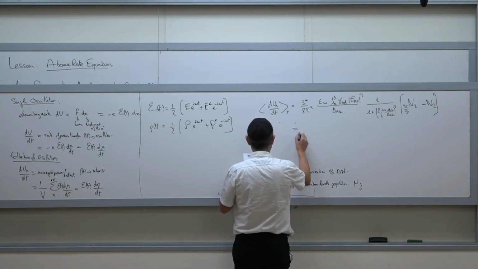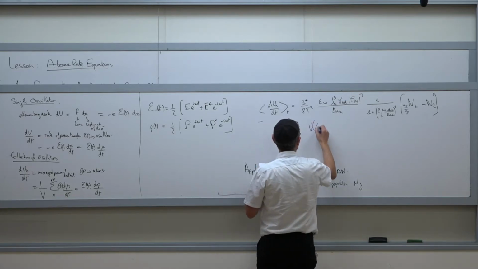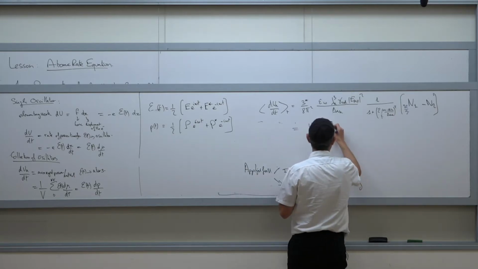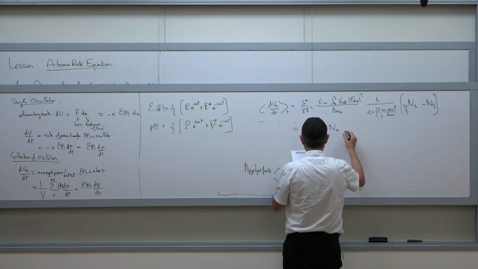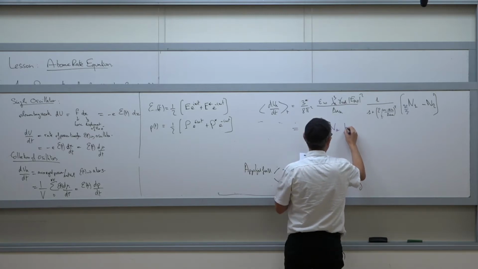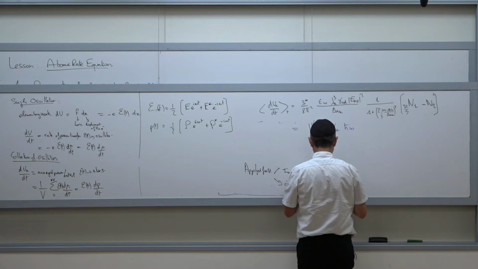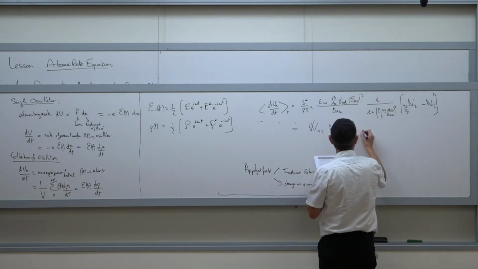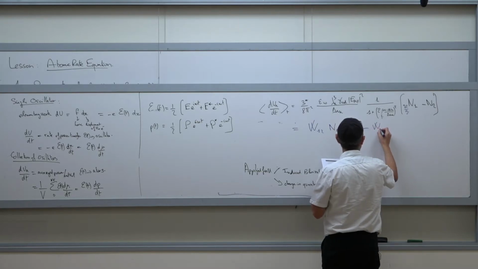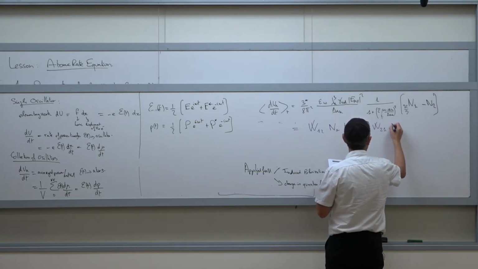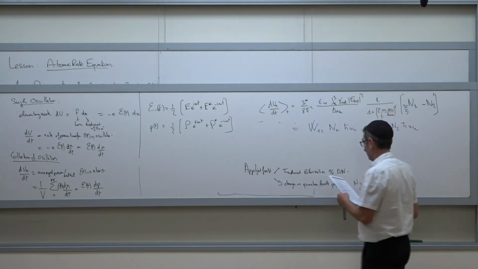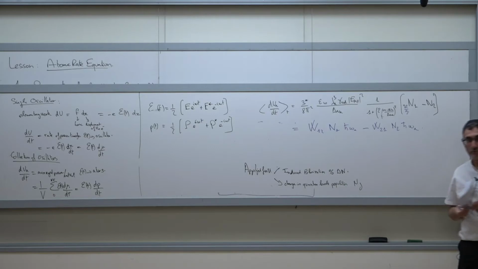This is equal to W12 times N1 times the quantum of energy h bar omega a, minus W21 times n2 h bar omega a. You remember that from the first class?